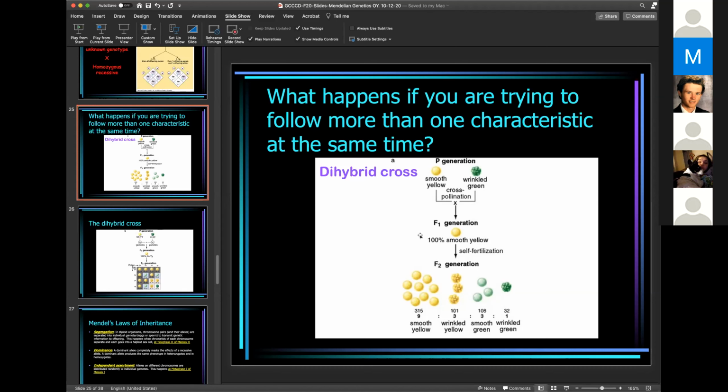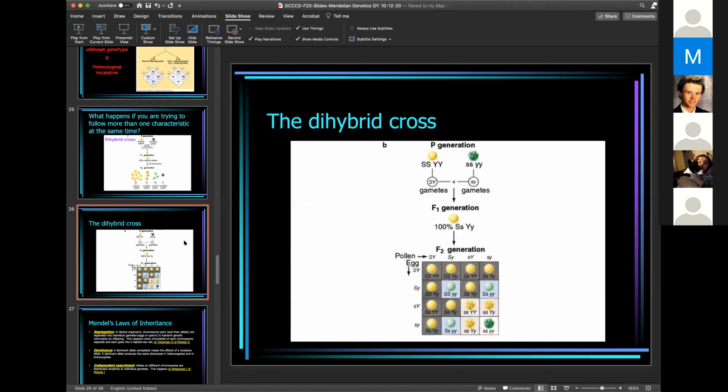When you go to the F2, you see segregation in this ratio. And you see this best when plotted out. If you look at the gametes, so big S and small s, how do we know that it stays heterozygous in the F1?